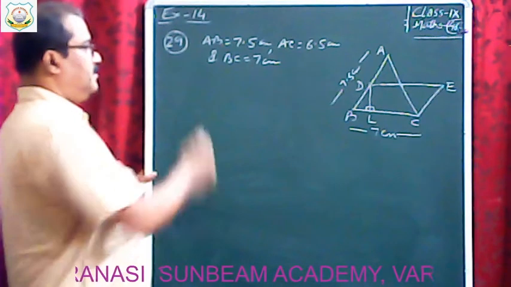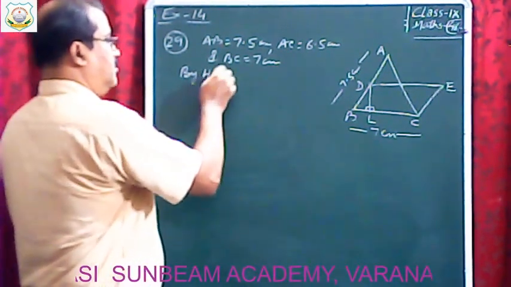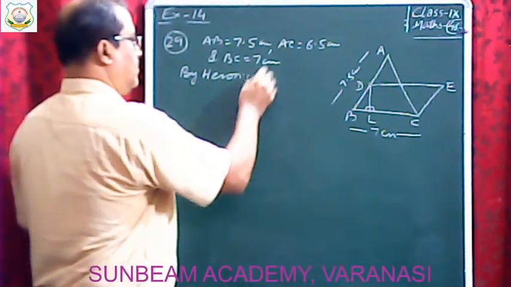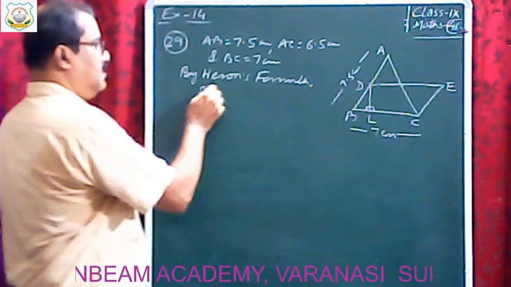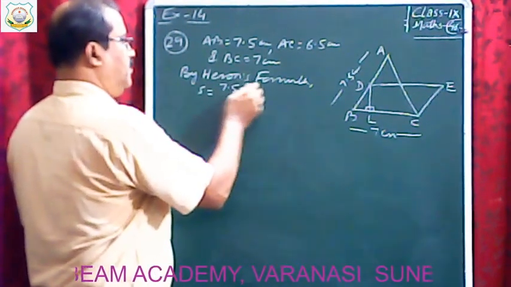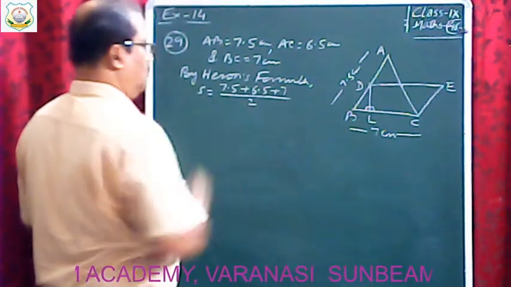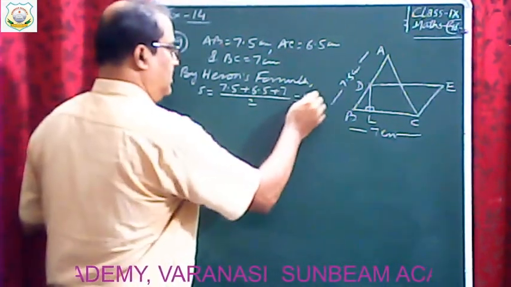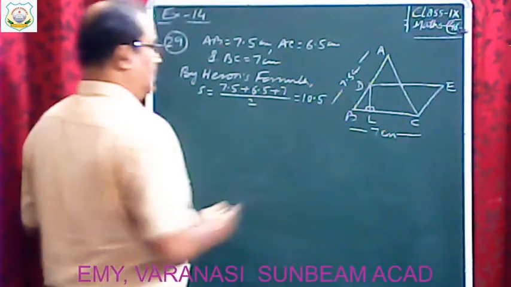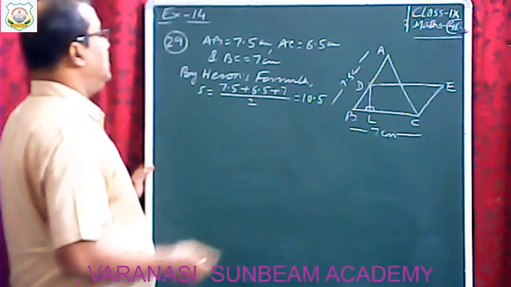So first of all, by Heron's formula, S equal to 7.5 plus 6.5 plus 7 whole by 2, 14, 21, 10.5. Check again. 14 is 20, 21 by 2, 10.5.